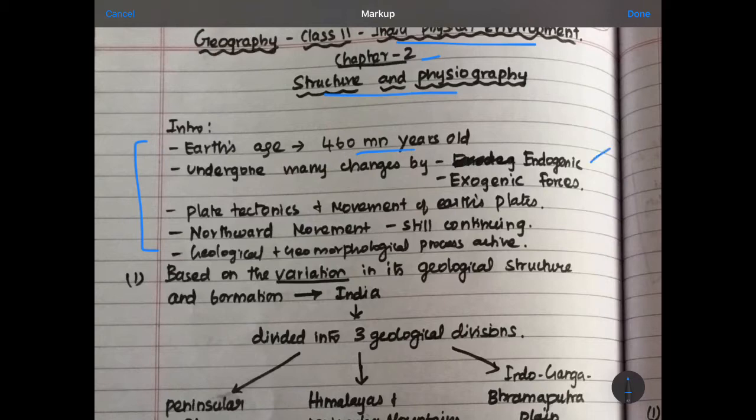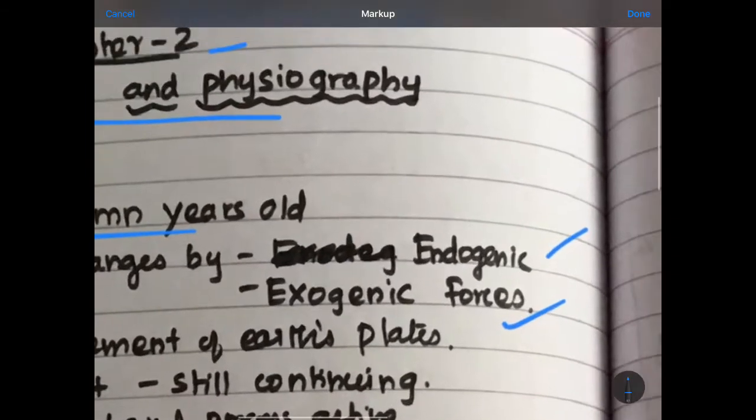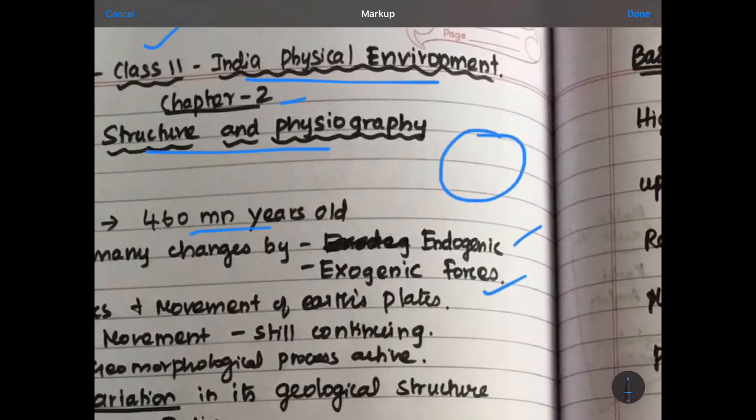The first one is endogenic and the second one is exogenic. Let us see what these endogenic and exogenic forces are. Let us take this as the earth. Endogenic forces are the forces beneath the earth's surface. Exogenic forces are the forces above the earth's surface.